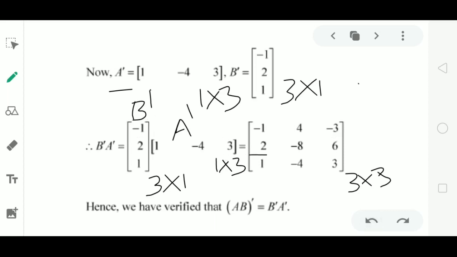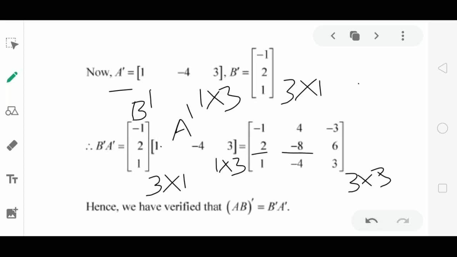For the second row elements of B dash A dash, we consider the second row of B dash and multiply the second row with each of the columns of A dash. For the first element of the second row of B dash A dash, that is the element lying in the second row, first column, we consider the second row of B dash and the first column of A dash. 2 into 1 is 2.